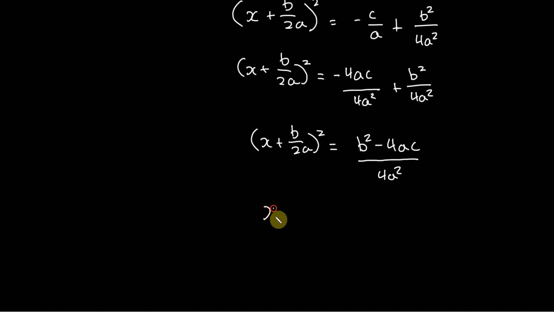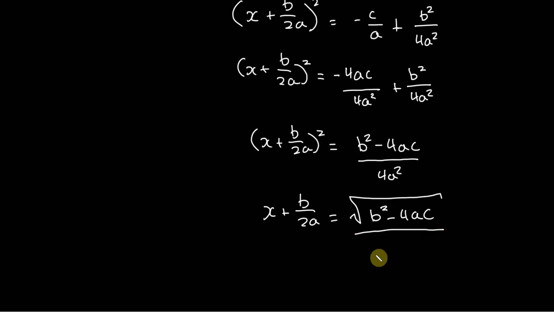So that's going to be x plus b over 2a, and that's going to equal plus or minus the square root of b squared minus 4ac, and then the denominator is just going to simplify to 2a.